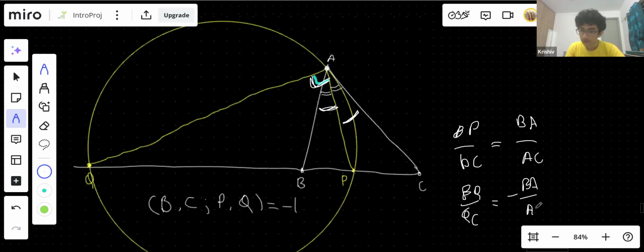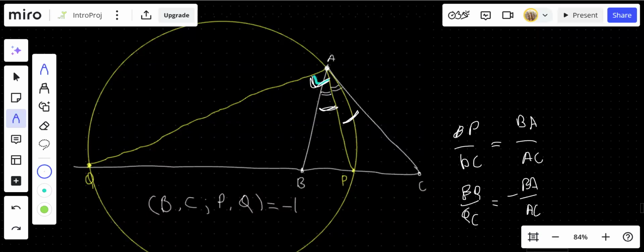But the only point such that BQ over QC has magnitude BA over AC, if you recall from the external angle bisector theorem, is the external foot of the angle bisector, right? Guys, I need responses. Can you repeat, please? Yes.